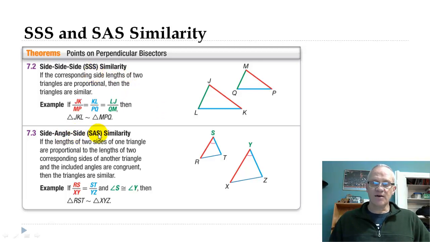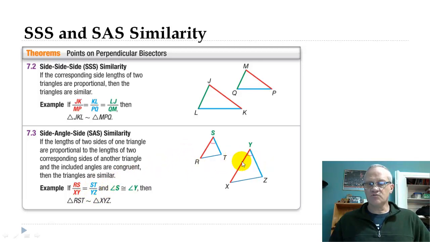Side-angle-side would be, again, like in side-side-side, that two of the sides are proportional. So the ratio of the red and the blue, in this case RS over XY, has to be the same ratio as ST to YZ.